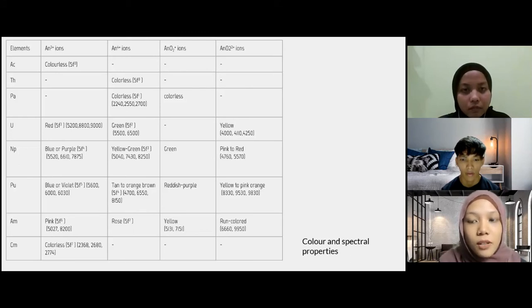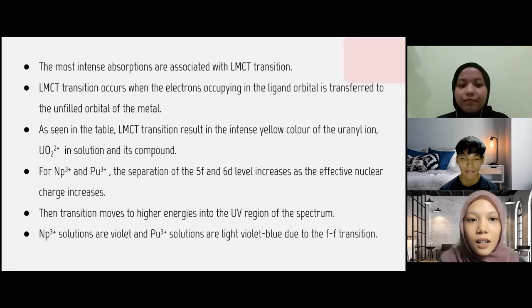The table also shows the wavelength in the spectrum. The most intense are the ligand to metal charge transfer transitions, from the ligand to the unfilled orbital of the metal. As seen in the table, ligand to metal charge transfer transition results in the intense yellow color of the uranyl ion UO2 2+ in solution and its compounds.